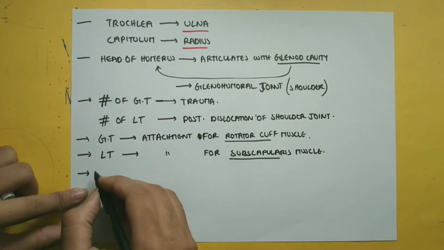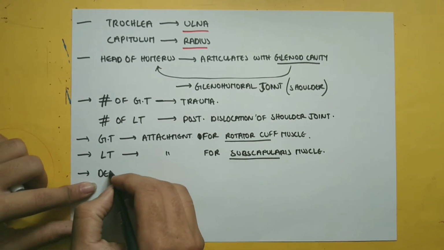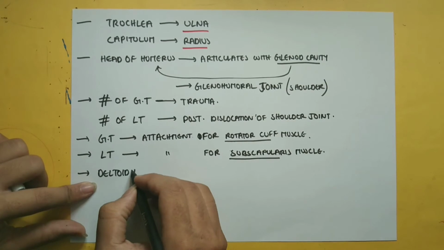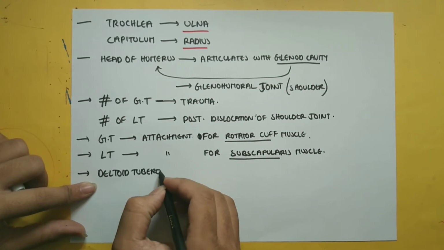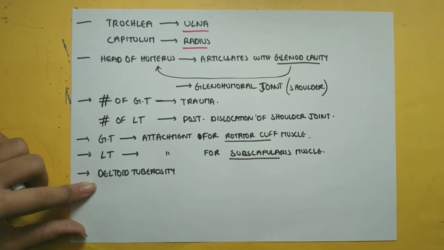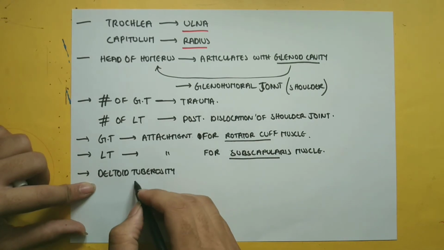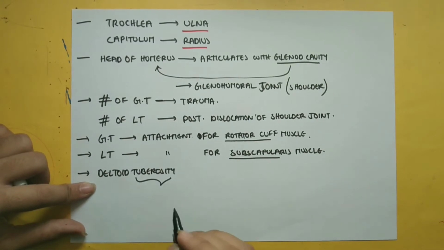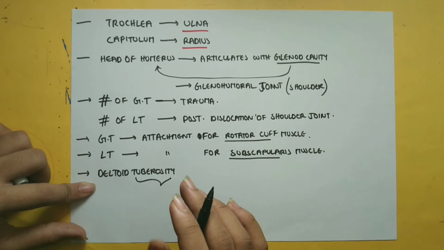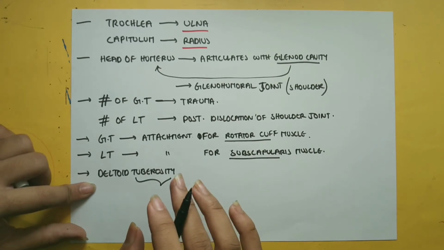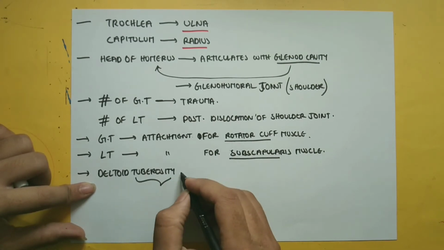So let's talk about the deltoid tuberosity. So basically, what is a tuberosity? These tuberosities are the roughened parts of the bone which generally help for the muscle attachments.